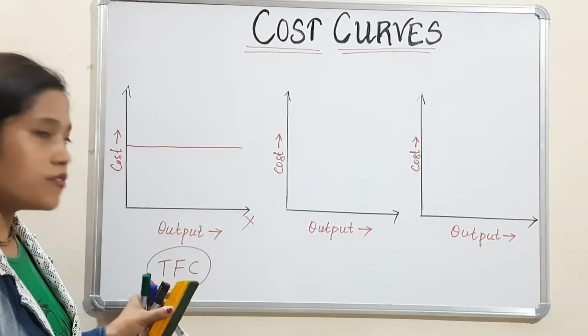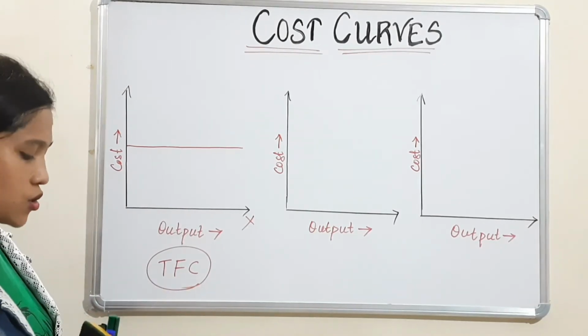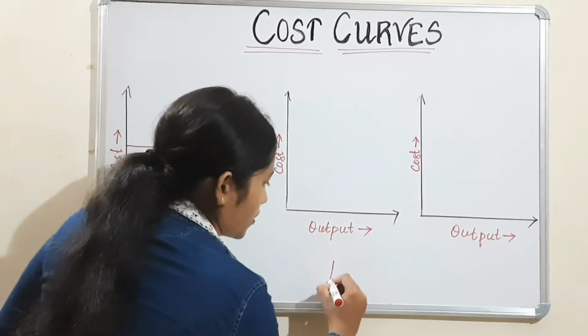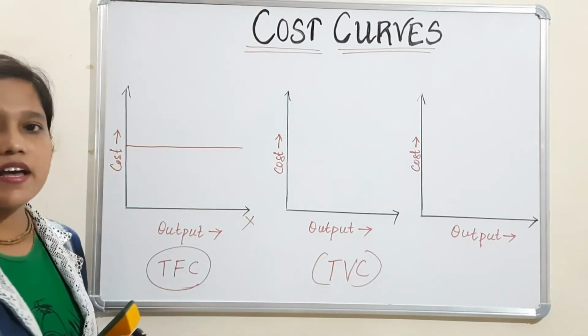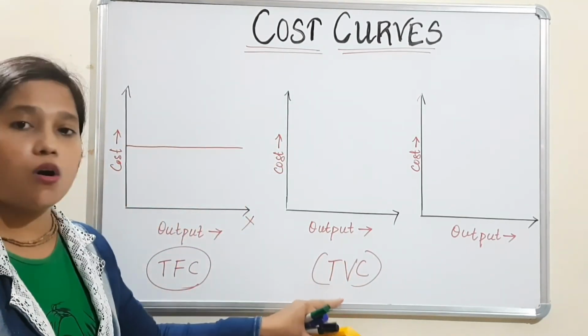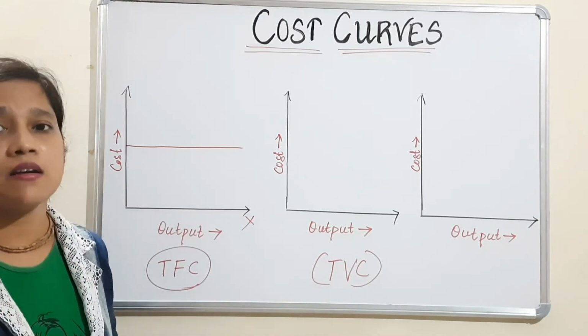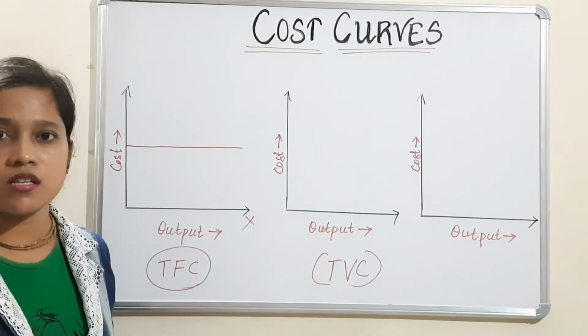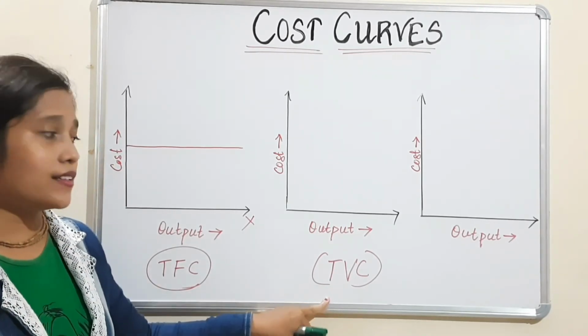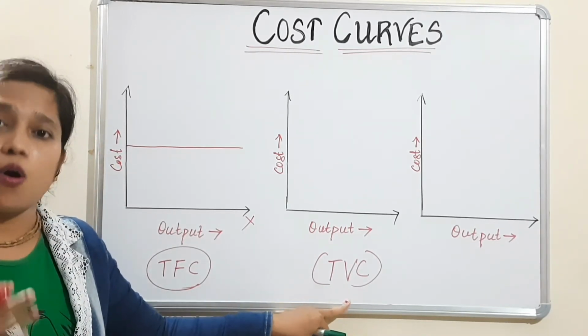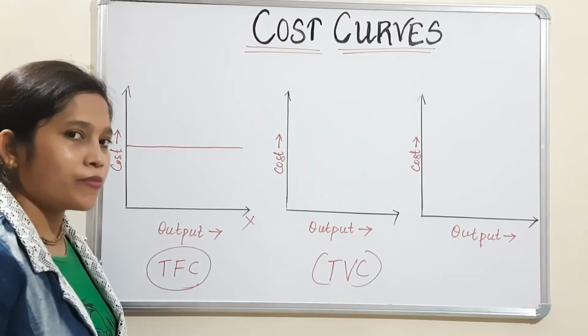Fine. Total fixed cost. Next is total variable cost. I have told you, this cost will occur only when you are doing something, starting some business. This cost is associated with the operation, so it will start from the origin.